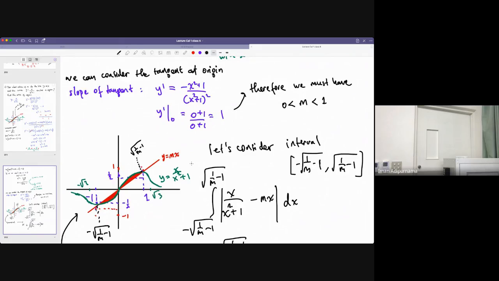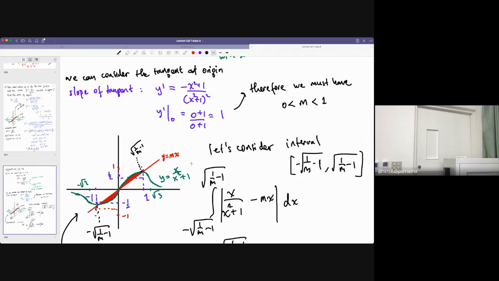So because it's plus minus, the intersections will be negative square root of 1 over m minus 1, and positive square root of 1 over m minus 1. So you set up the integration from this intersection until here.